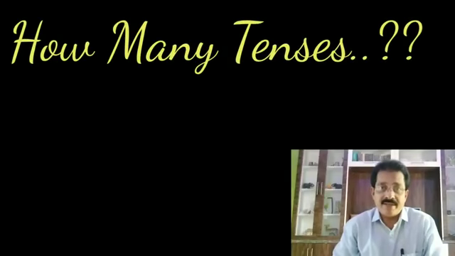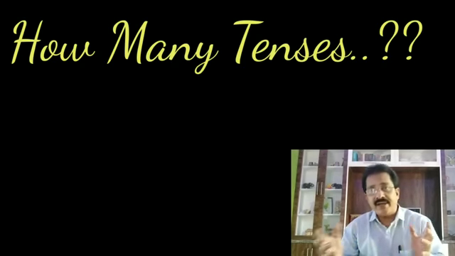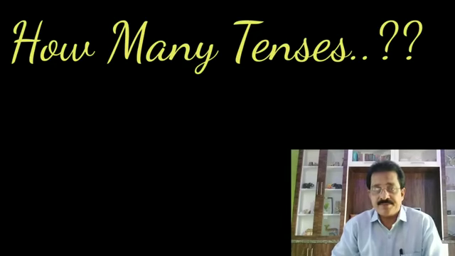Now, basically, we have to say the number or the kinds of tenses we have. Simple question: how many tenses do we have? Many of you give many different answers. So basically, let's say we have 3 tenses, or we can do an action in 3 different situations.